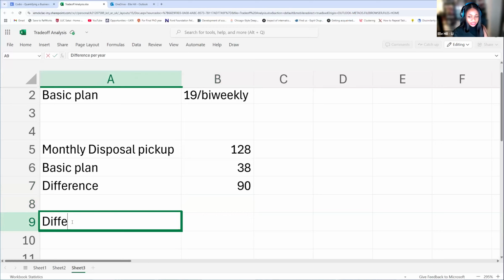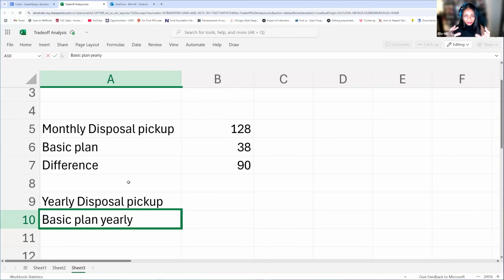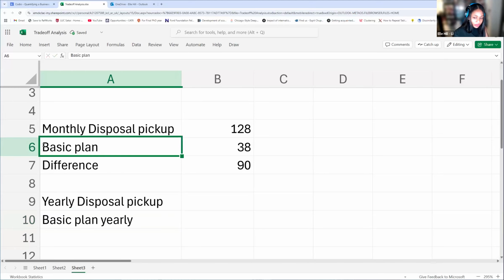So yearly disposal pickup, yep. Basic plan, yearly. So I'm just going to hammer down these costs so you can see them step by step. So I know this is the monthly basic plan. Forgot to write monthly.